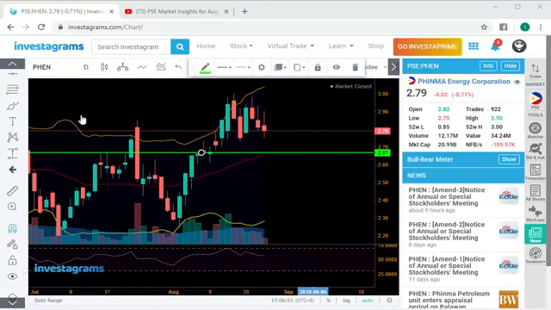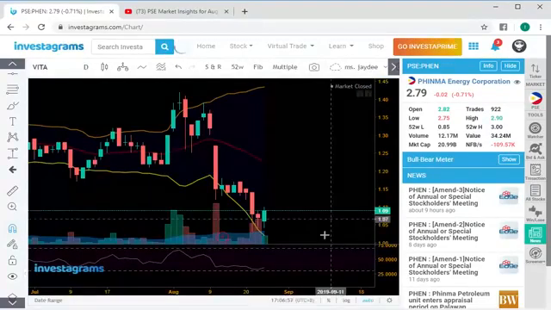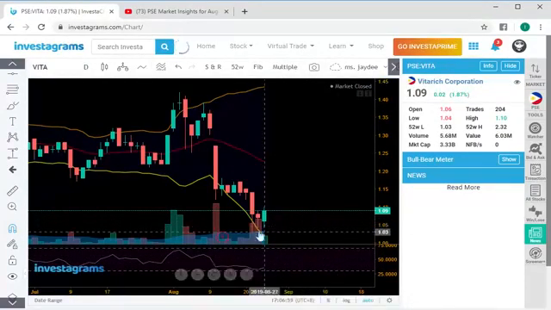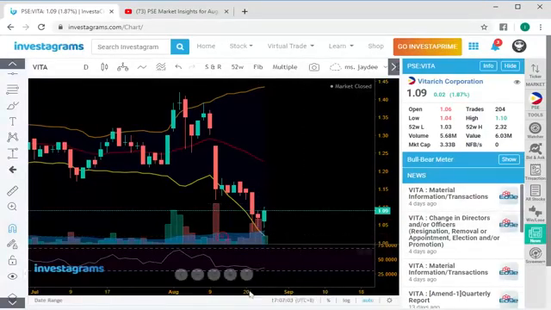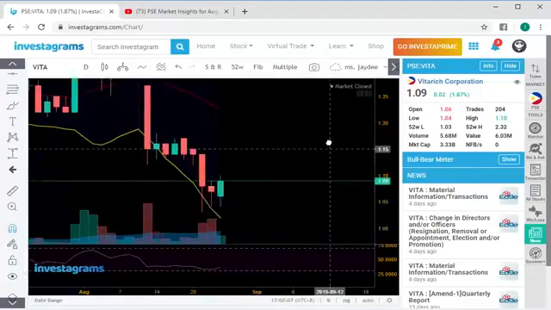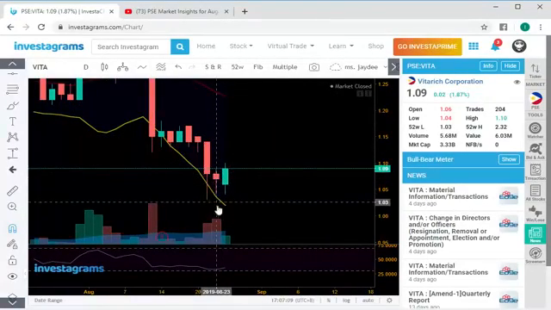Next is Vita. This one is for George. Oh, engulfing candle. So this green candle is engulfing the previous day, meaning this is a much higher and bigger candle compared to this day.